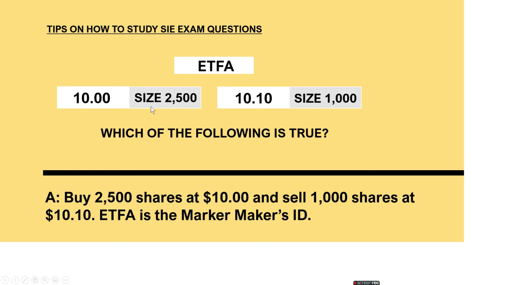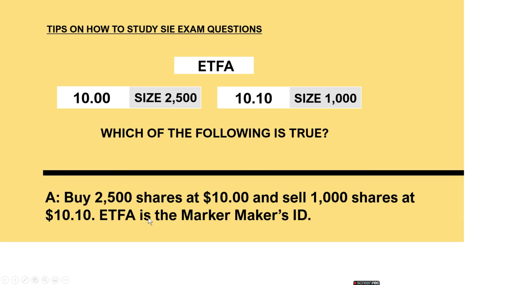So they are willing to buy 2,500 shares of a stock at $10 per share, and willing to sell 1,000 shares at $10.10. ETFA is the market maker's ID. So here we would say the answer is buy 2,500 shares at $10, sell 1,000 shares at $10.10, and ETFA is the market maker's ID. This is the only correct answer.